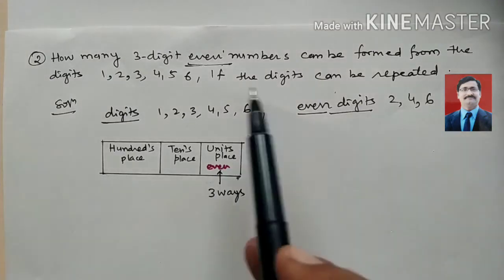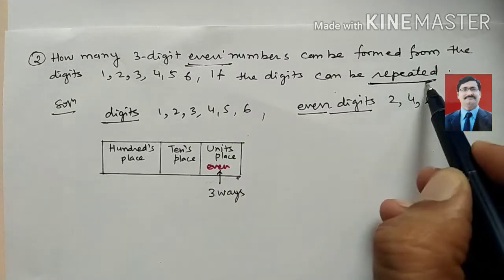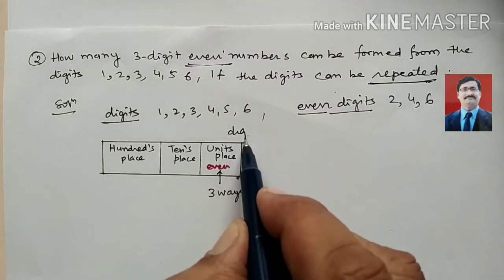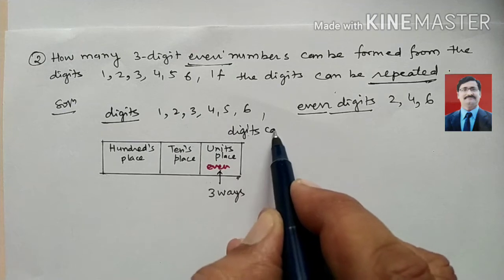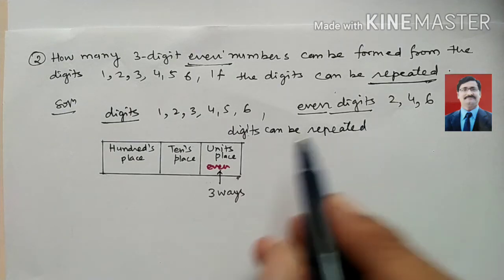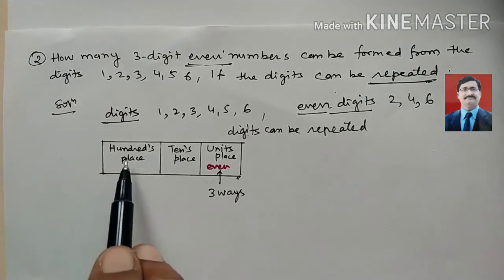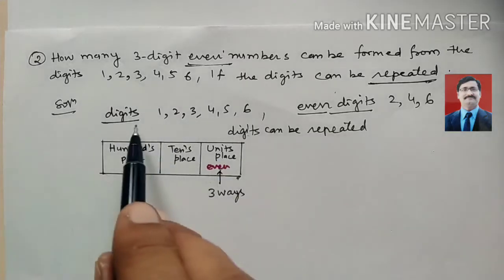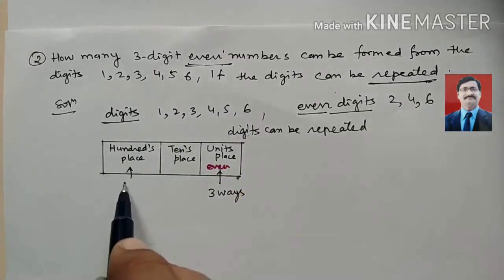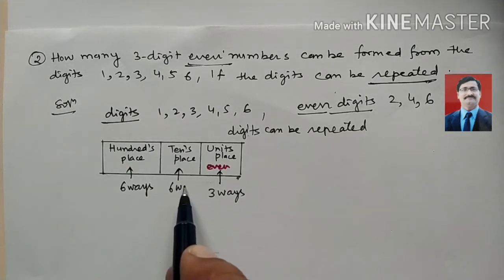And look here, next we have that digits can be repeated. Digits can be repeated means if we use any number from these, you can write it again at the 100th place and 10th place. So for the 100th place we have 6 ways, and at the 10th place we have 6 ways.